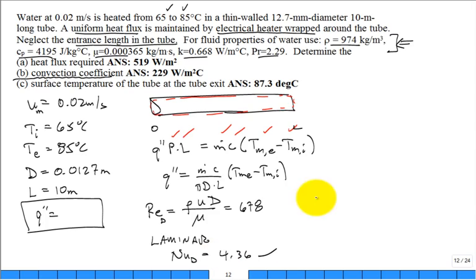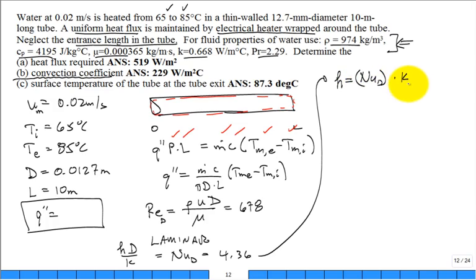Okay. So now we're going to recall the definition of the Nusselt number to calculate the h, because the Nusselt is hD divided by k. So it's the Nusselt times the thermal conductivity divided by the diameter. And now we can calculate the convection coefficient.